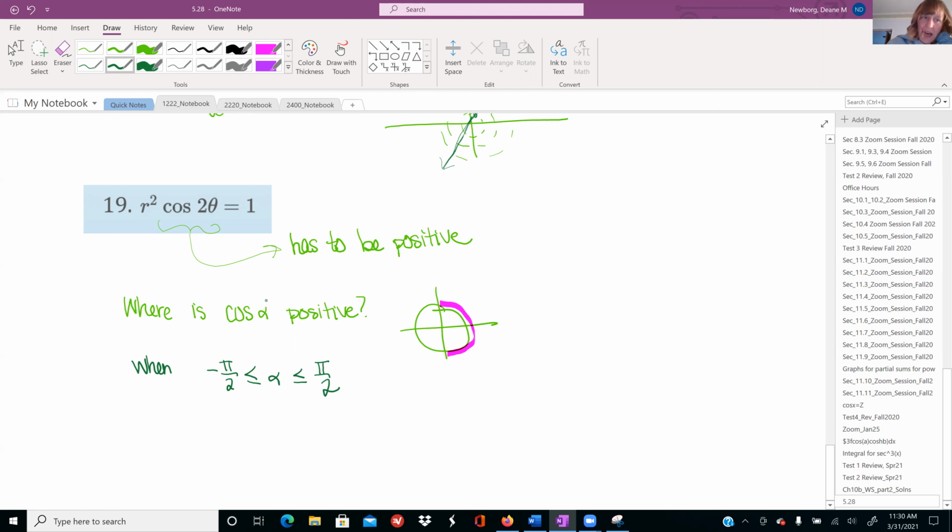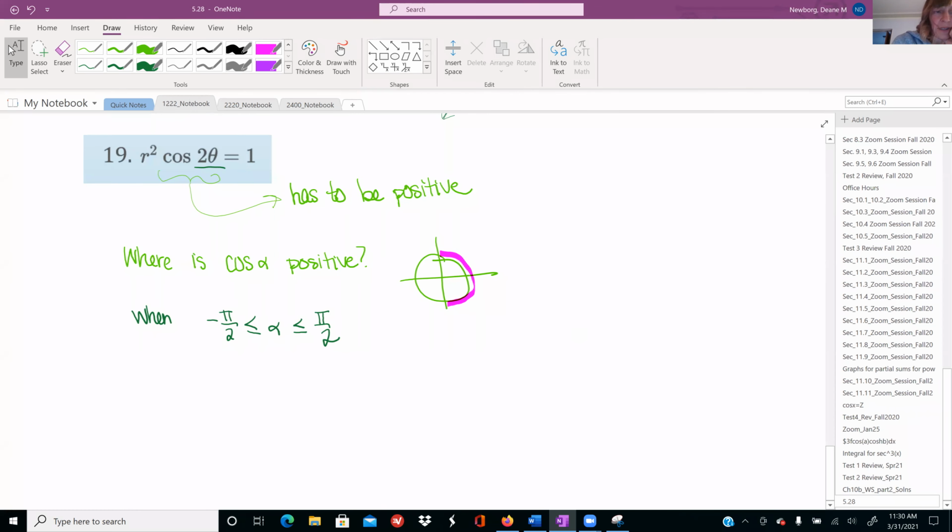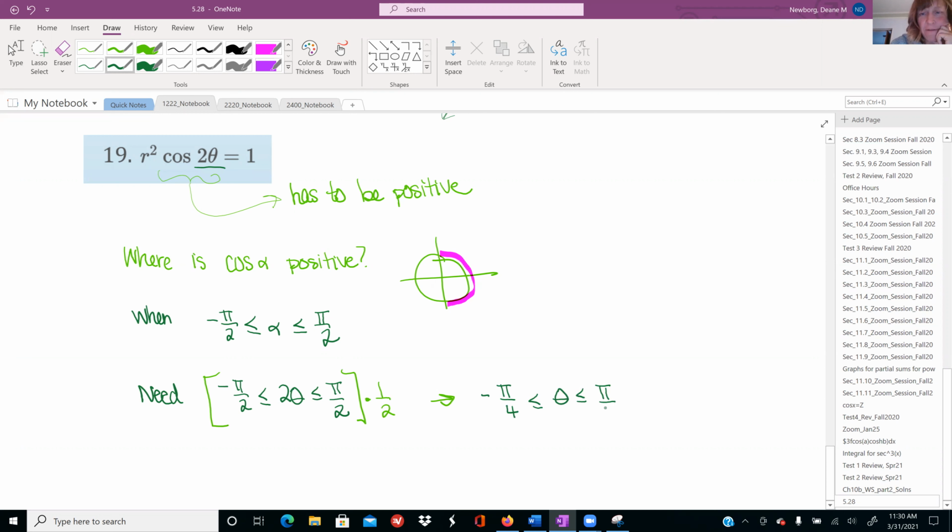But I don't have cosine alpha, I have cosine 2 theta. So I'm just going to replace alpha with 2 theta. And then I would just multiply the whole thing by a half. And so I would get negative pi over 4 less than or equal to theta less than or equal to positive pi over 4.